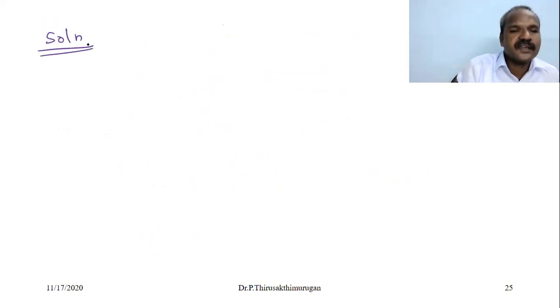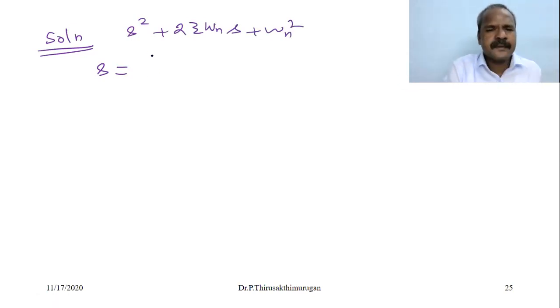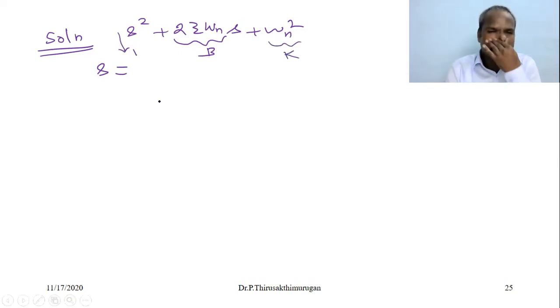What is the solution for the standard second order equation? s square plus 2 zeta omega n s plus omega n square. Here you see, this is b, this is a, this is c.